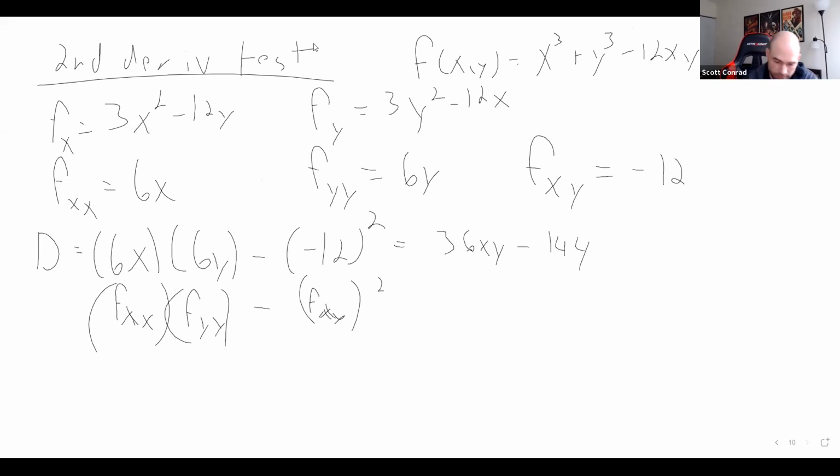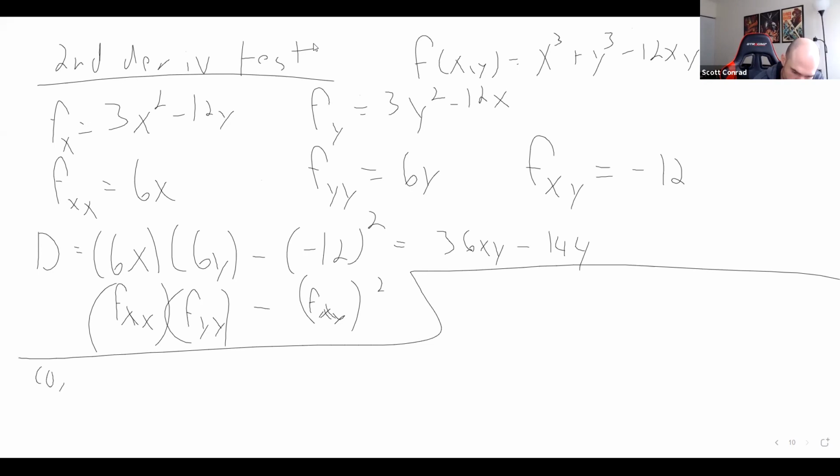And let's check the discriminant at each of our points. The discriminant at (0, 0) is going to be 36 times 0 minus 144.